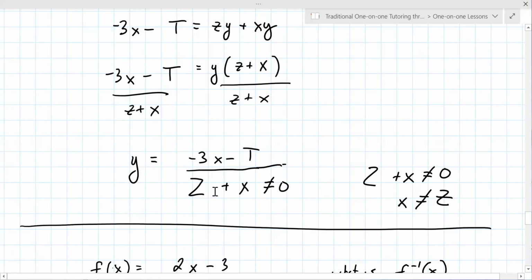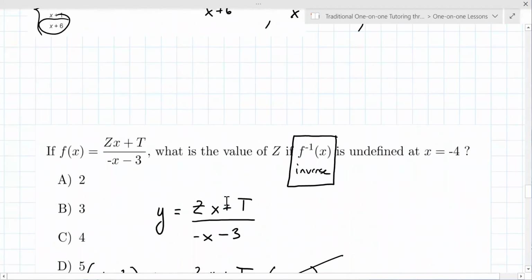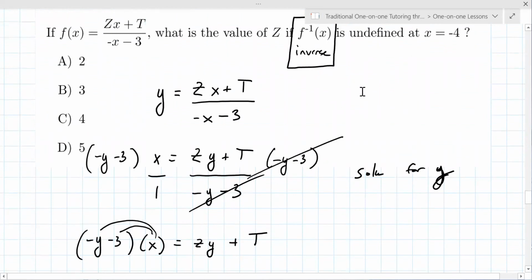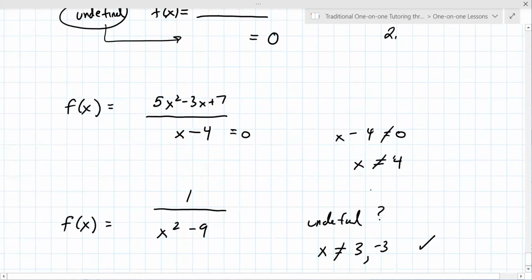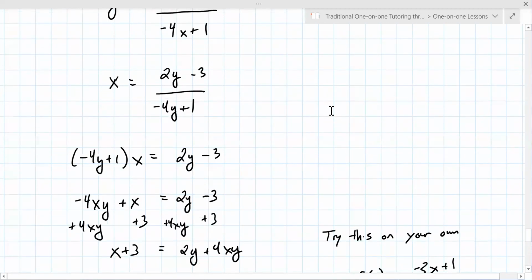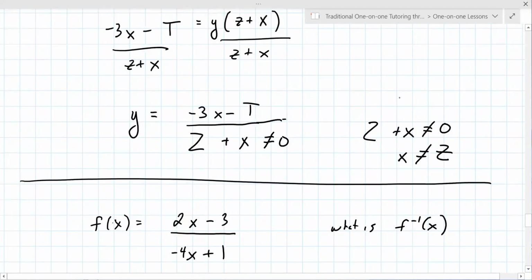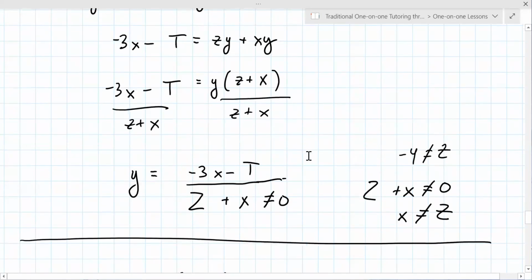So it turns out in this problem that it ends up being that x is really -4. Right here, it ends up being that -4 cannot equal z. So you move this negative over for that. I must have missed a sign somewhere.